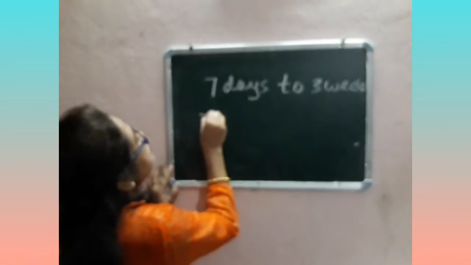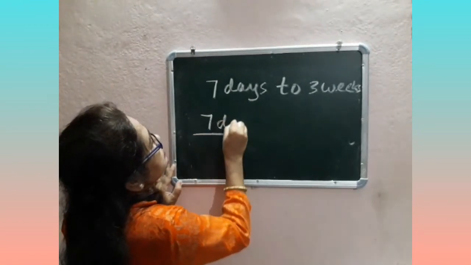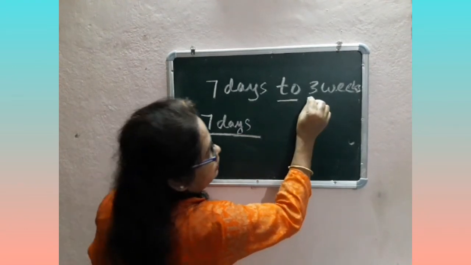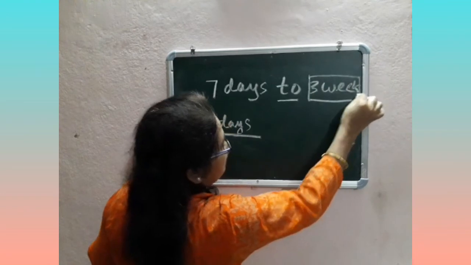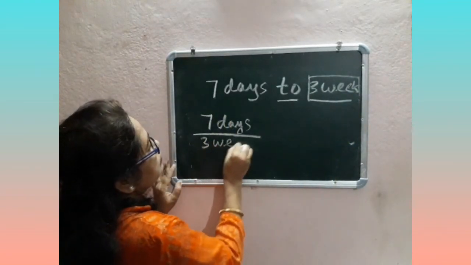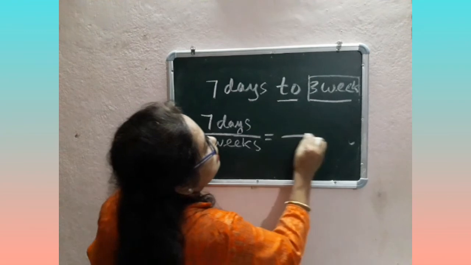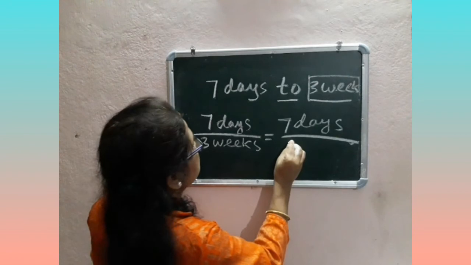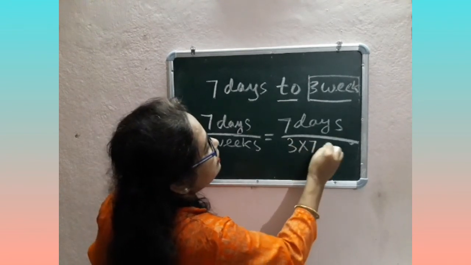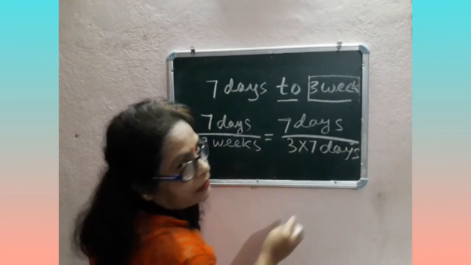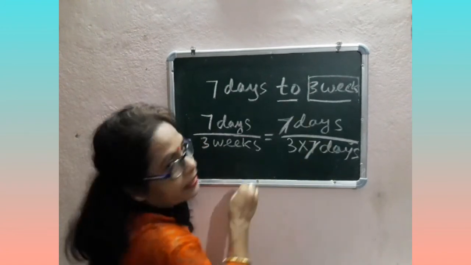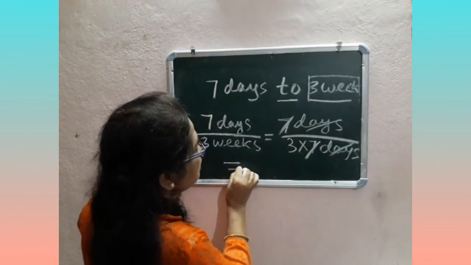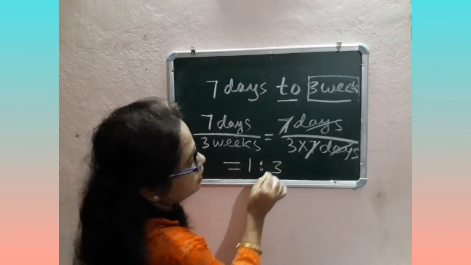What will you do? 7 days to 3 weeks. 3 weeks means 3 into 7, which is 21 days. 7 divided by 7 days. What will be the ratio? 1 is to 3. Okay.